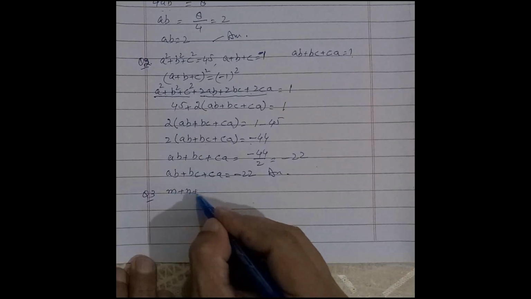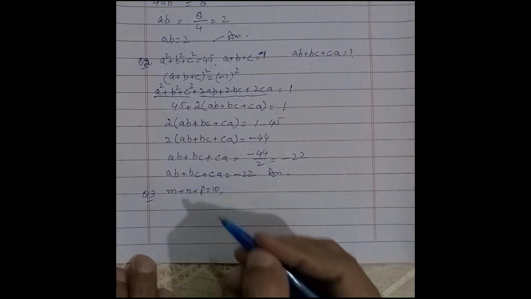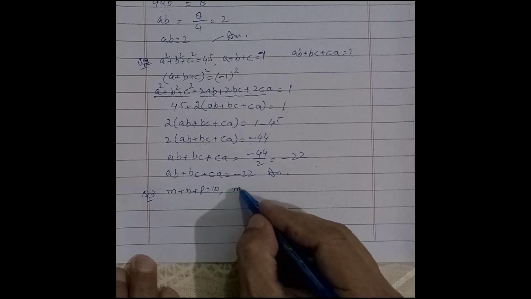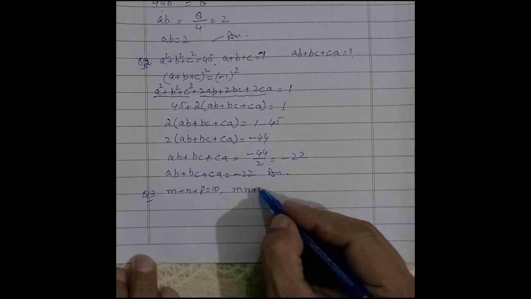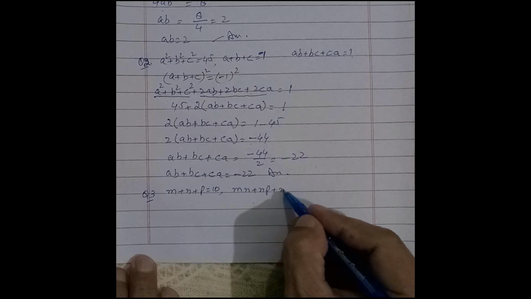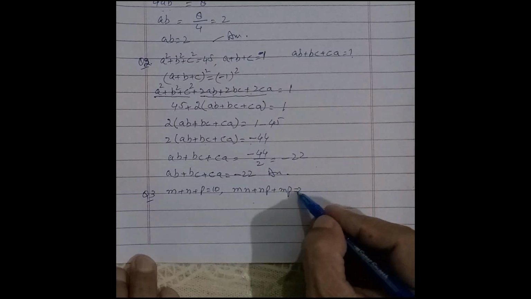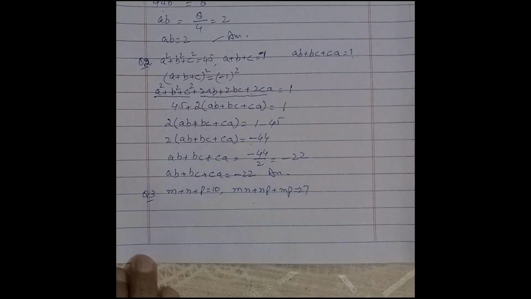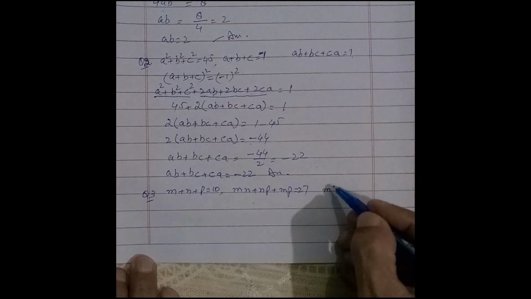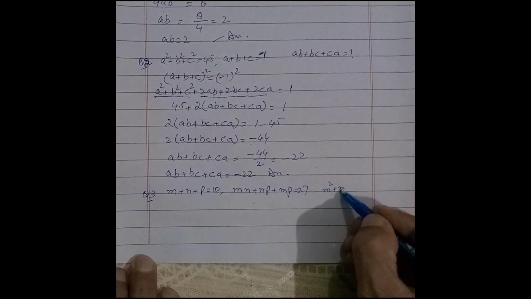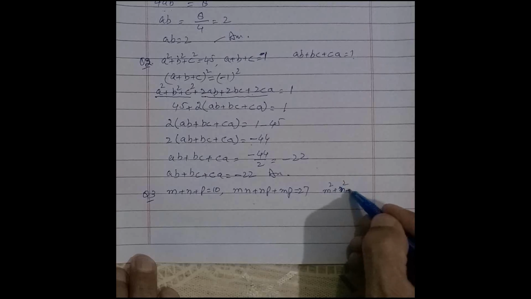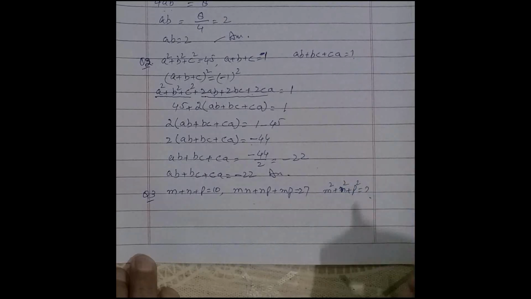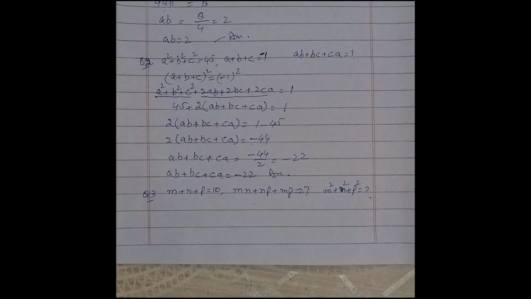m plus n plus p is equal to 10 and mn plus np plus mp is equal to 27, and we find the value of m square plus n square plus p square. The same question like question 2.